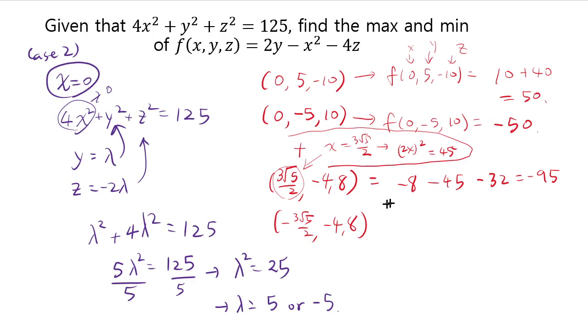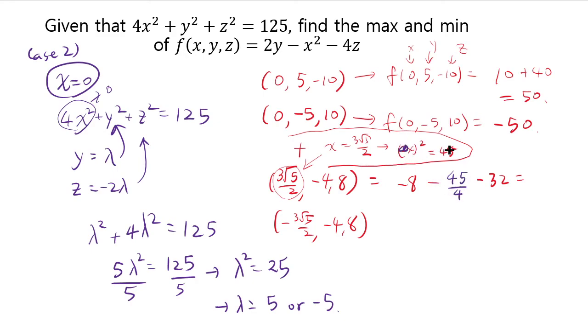Oh sorry, I just made a mistake. This should have been just x squared, right? So this should have been 45 over 4.